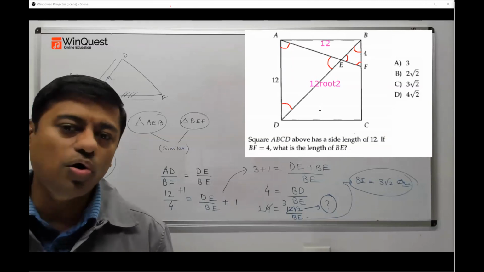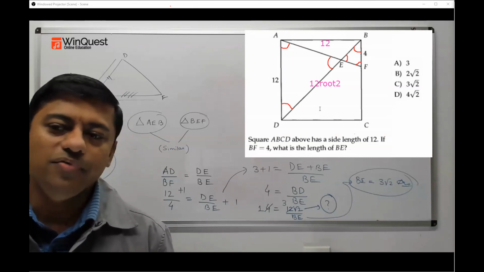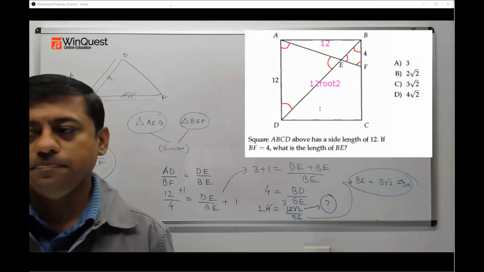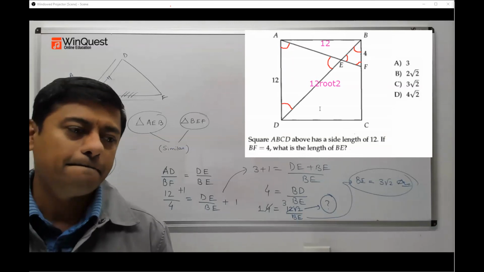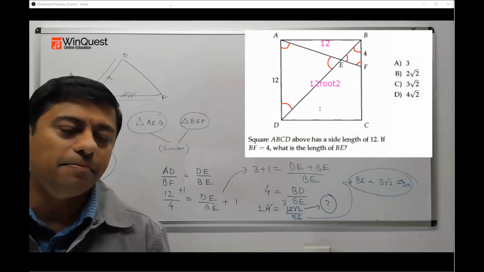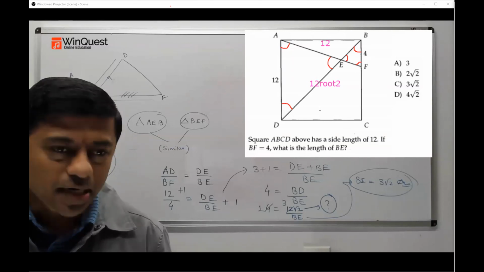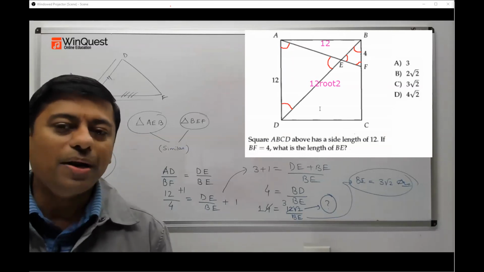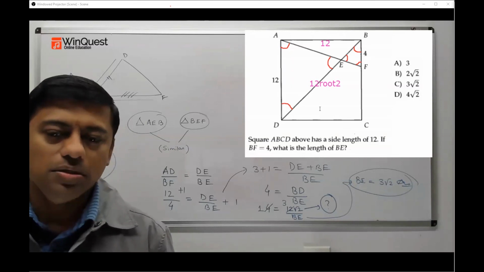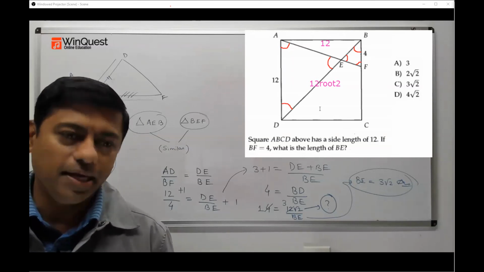If you do not know that, it's probably very difficult to get this solved. This is a classical example where you need to understand the concept of similar triangles and how to apply the proportionate theory to be able to find the side length.